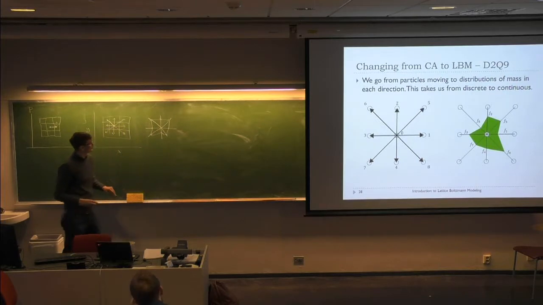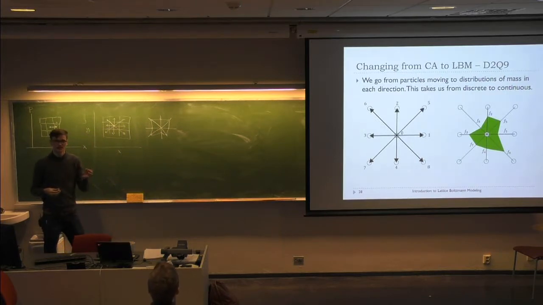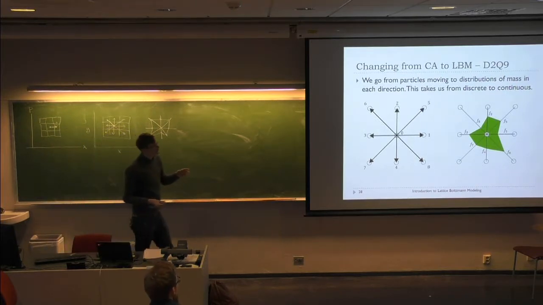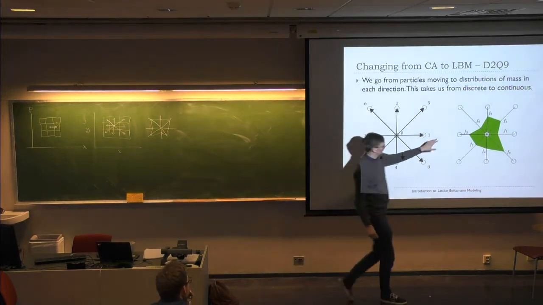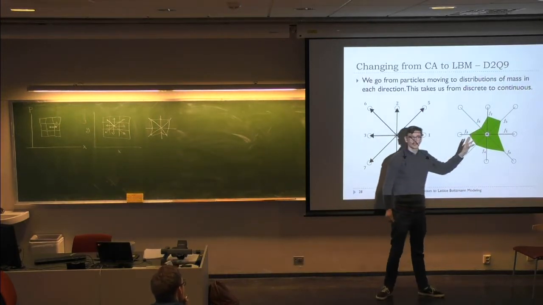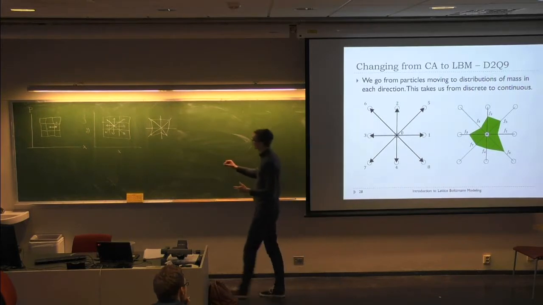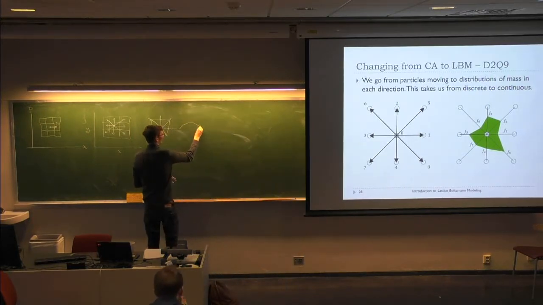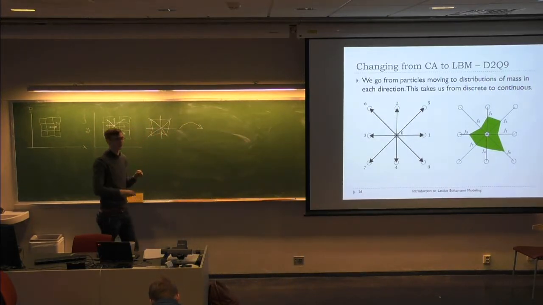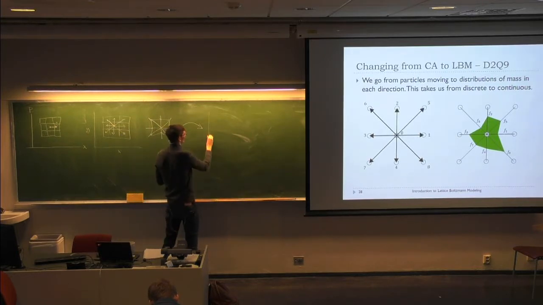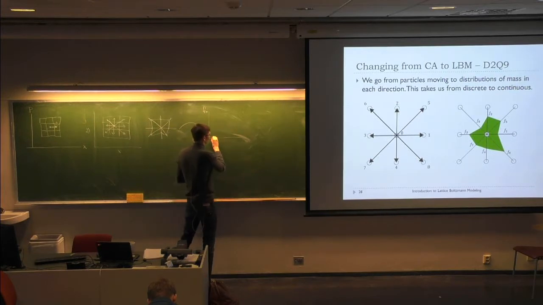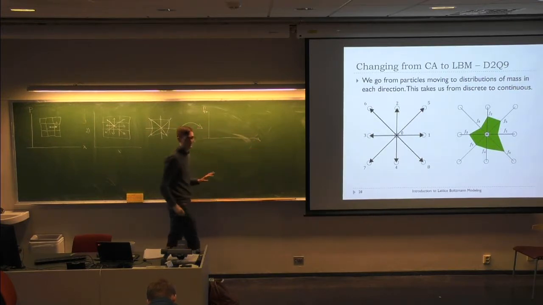Like this, including the 0th direction, so the non-moving. And then we get this thing here. And what we can do, for simplicity's sake, is unfold it. So we just make a plot of the distributions. So f, a function of a.